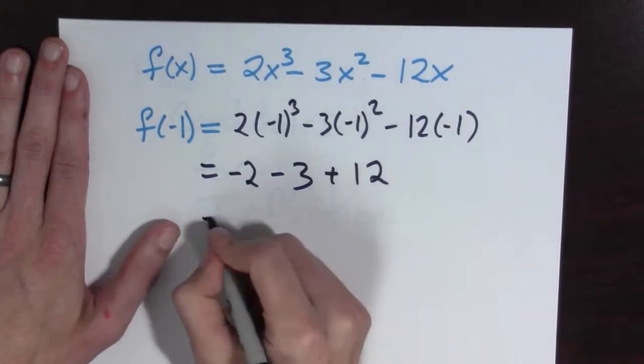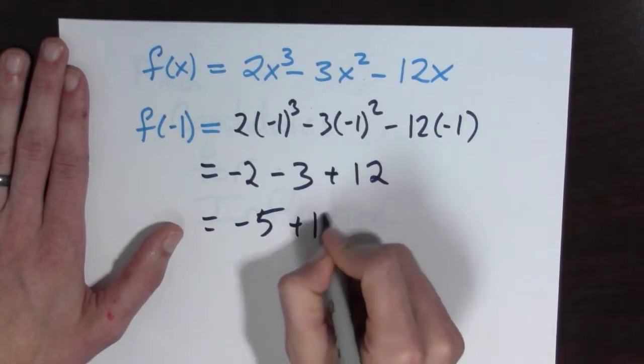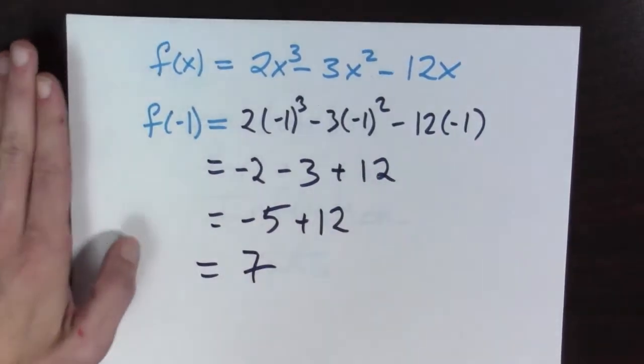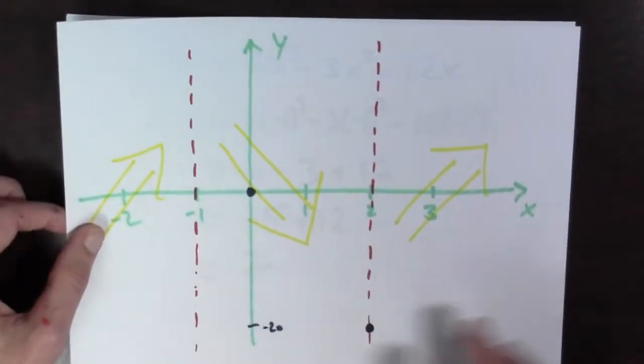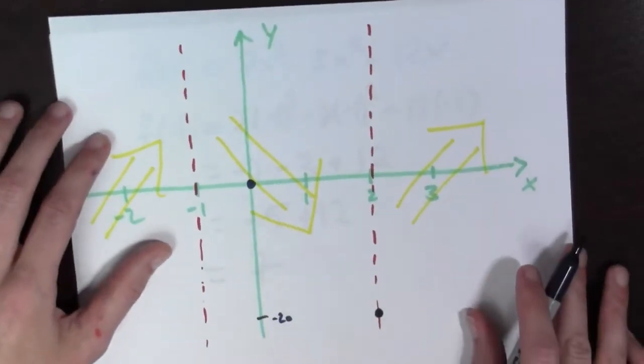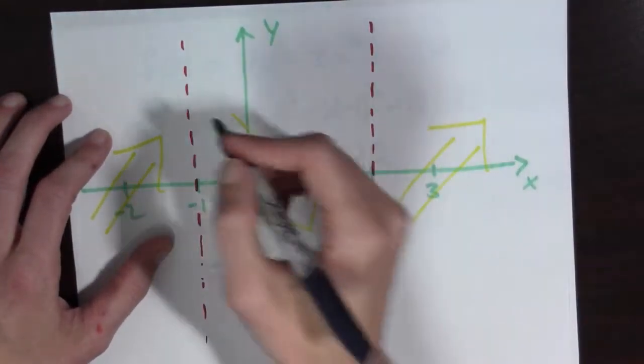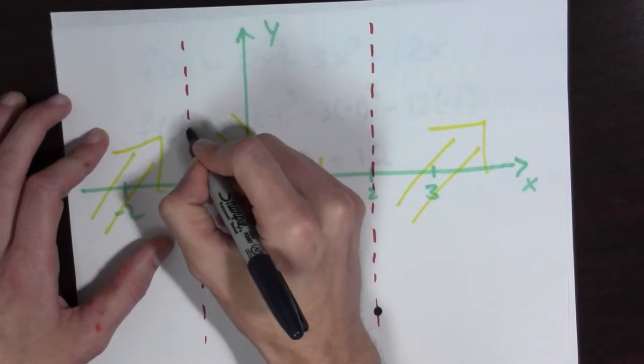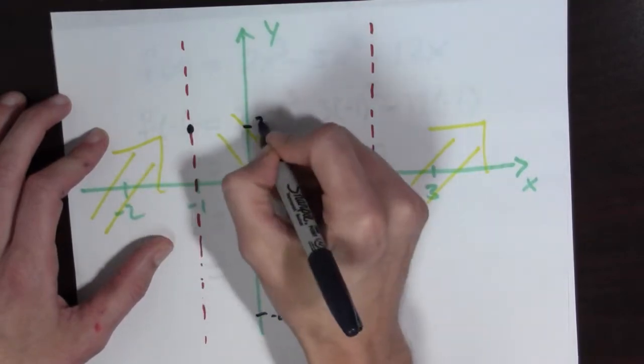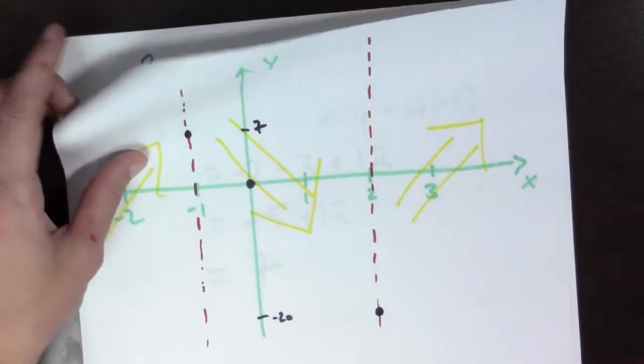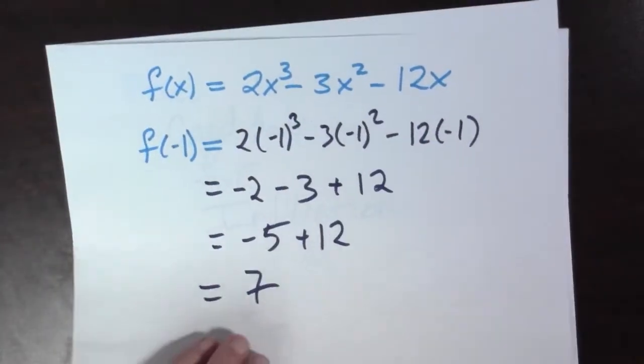So negative 5 plus 12 is equal to 7. So at negative 1, our function is equal to 7. And looking at where 20 is, I should probably put this somewhere here. And so that's supposed to be 7. All right. There we go.